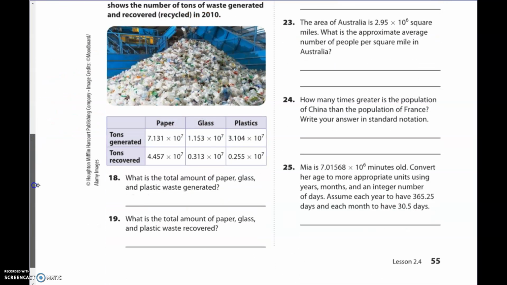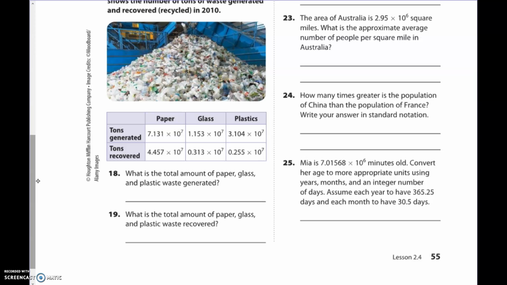All right, number 18. What is the total amount of waste generated? Waste generated. So we're going to add all of those numbers together. Okay, so we're going to add everything together. So because they're all 7s, I know this answer is going to be times 10 to the 7th.